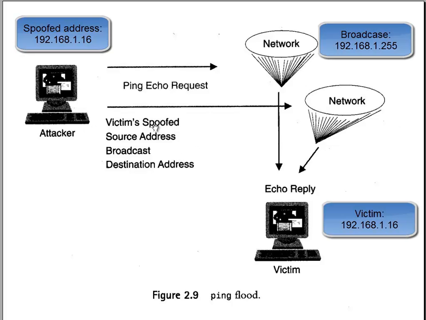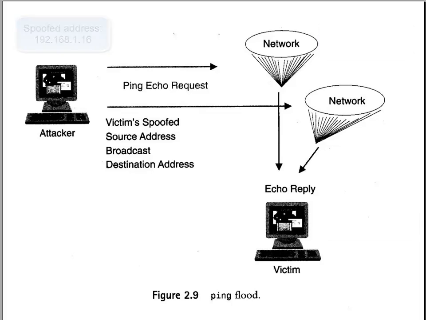However, the attacker has spoofed the source address to be the victim's address, which means that this broadcast ping echo request goes out to all the computers on the network, and then all those computers reply back to this victim due to the spoofed address, causing a denial of service attack.